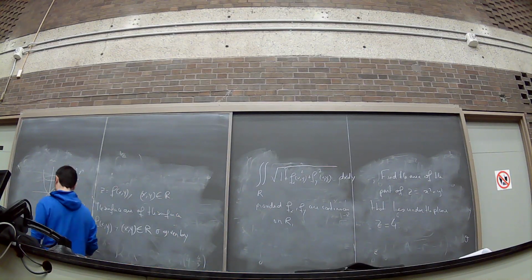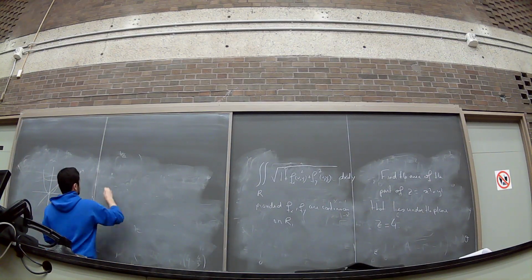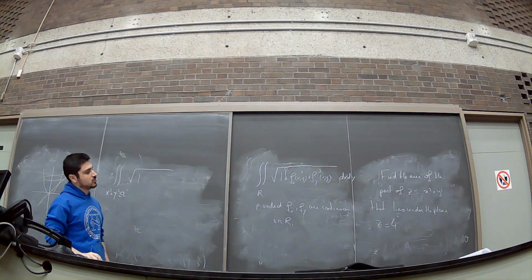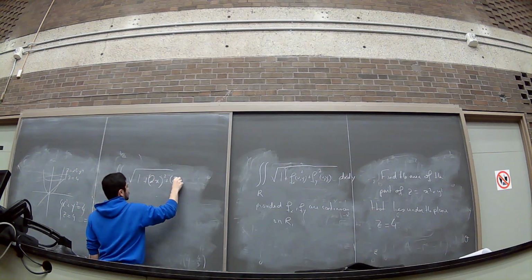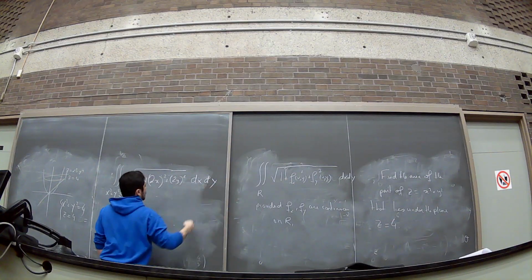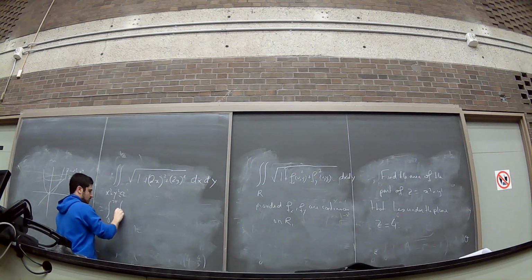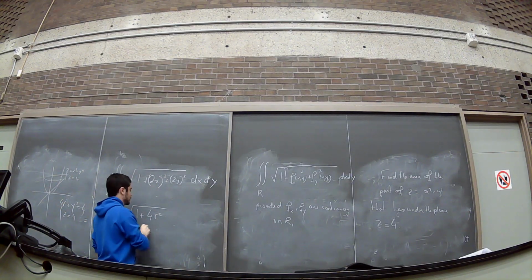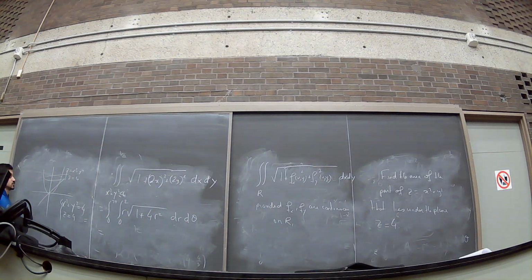This surface area is, so let's look at the formula: the double integral over x squared plus y squared less than or equal to 4 of the square root of 1 plus the derivative of z with respect to x, which is 2x, squared, plus 2y squared. In polar coordinates, r is from 0 to 2, square root of 1 plus 4r squared, the Jacobian r dr dtheta, then it's 2 pi.